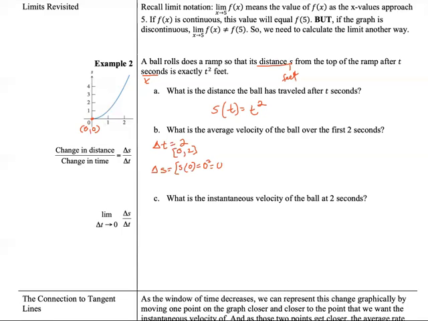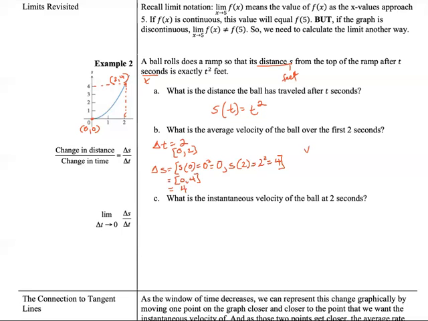And then for time 2, to find the distance, we're looking at distance at time 2, which is 2 squared, which is 4. So at time 2, our distance is 4. That means our interval for distance is from 0 to 4, giving us a change in distance. 4 minus 0 is 4.